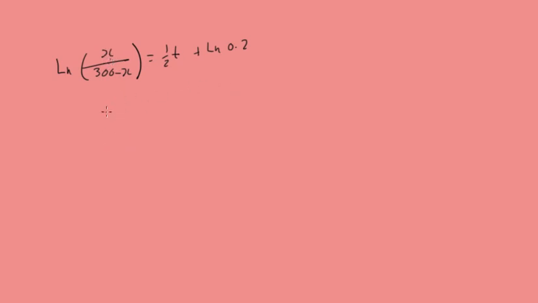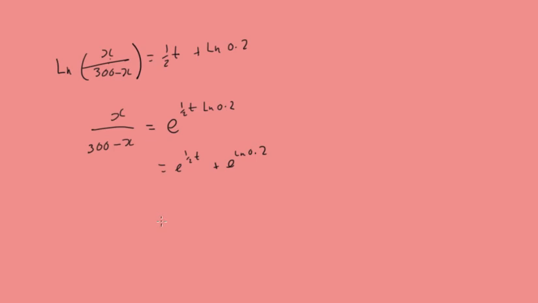So we're going to take the exponential of both sides. So that's going to give us x over 300 minus x is equal to e to the half t plus log of 0.2. And if we separate that out, we've got e to the half t times e to the log of 0.2.